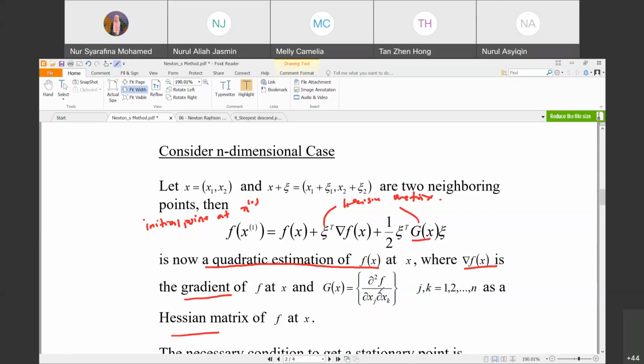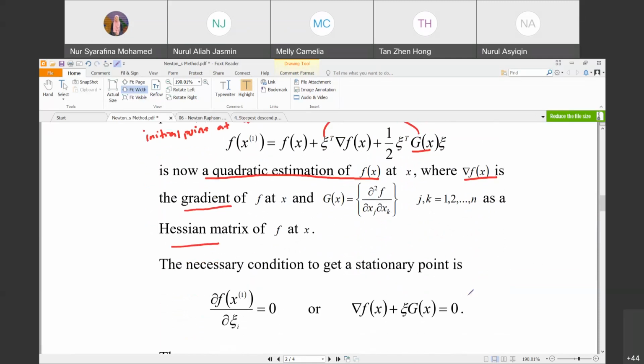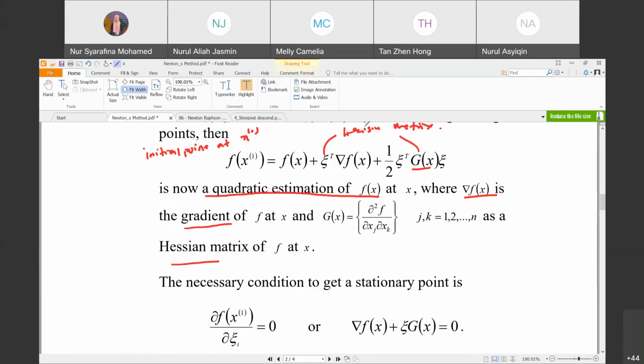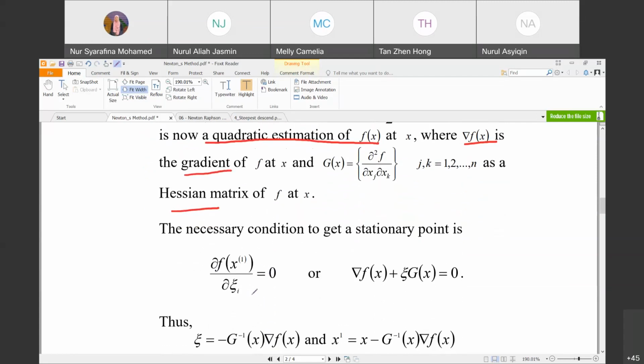The necessary condition to get the stationary point is that we differentiate this function with respect to epsilon and set it equal to 0. Then you can find the value of epsilon, which involves the Hessian matrix and also the derivative.